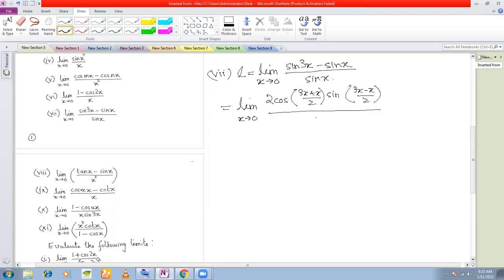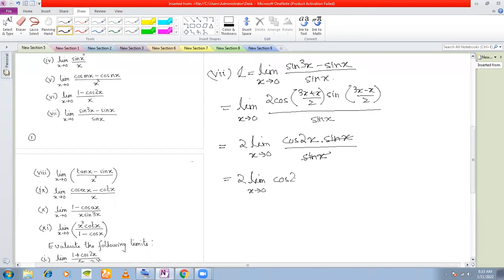And you have a sine x. So this 2 you can take out of the limit. We are left with cos 2x into sine x divided by sine x. This sine x cancels.